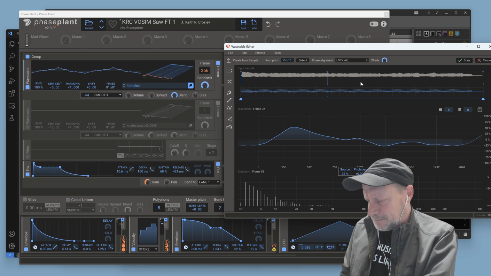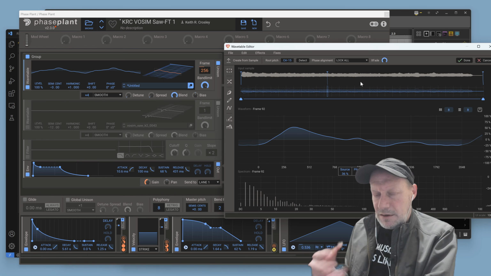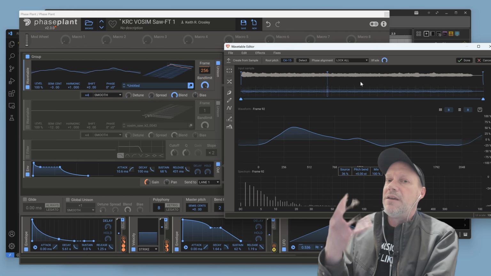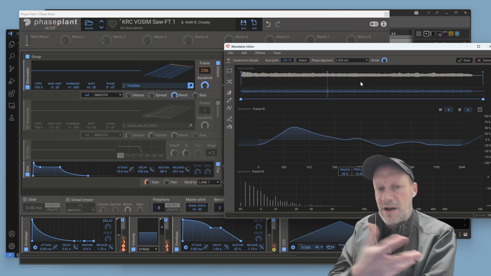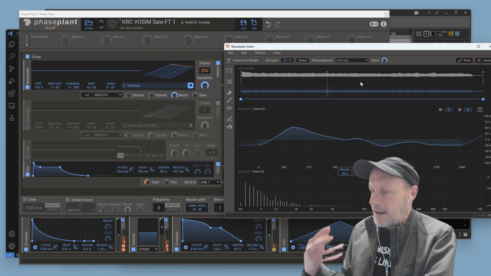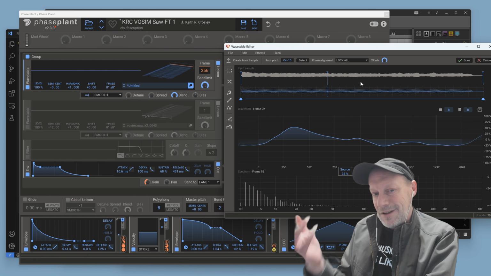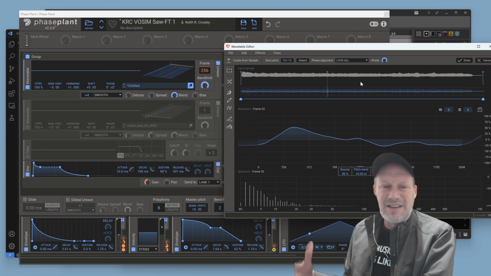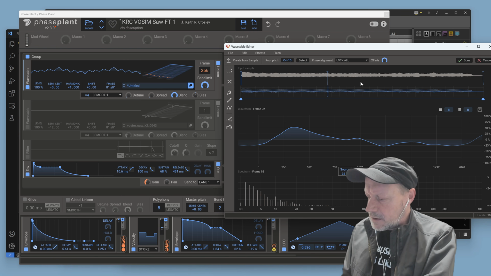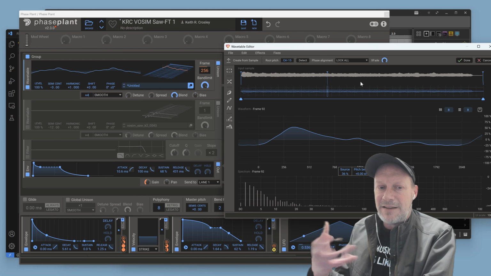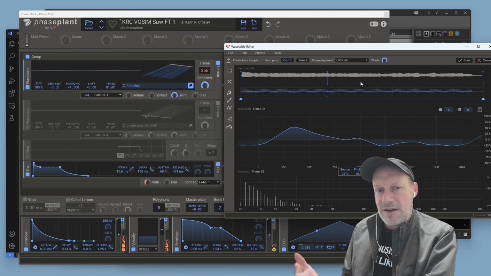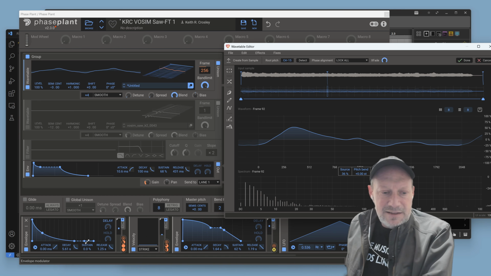Now, you'll also hear that because we've processed the phase across different harmonics, the wavetable version of the sample starts to get a little watery sounding. Now, partly that's just the natural vibrato that's in this sample.